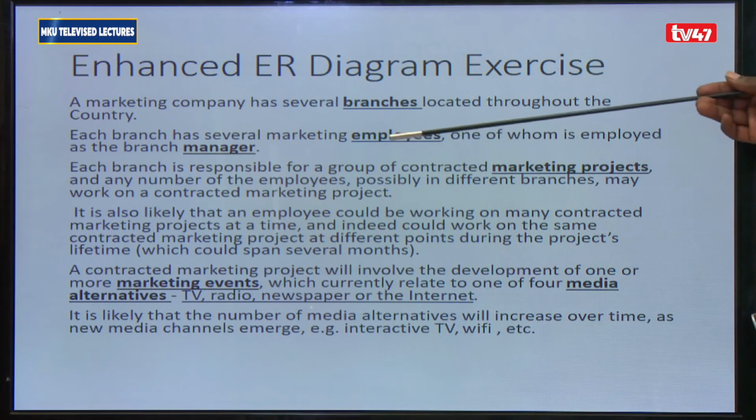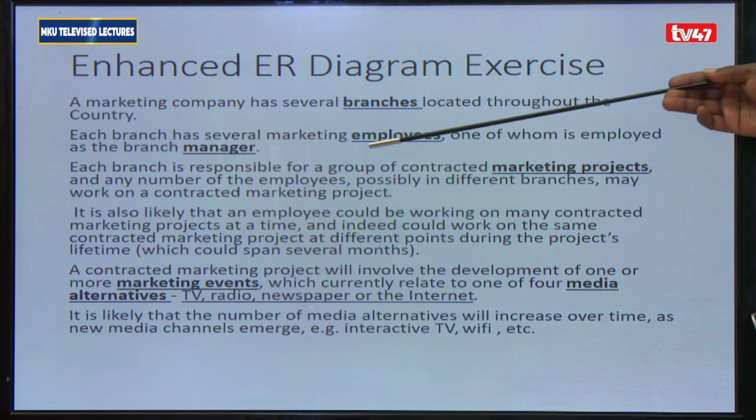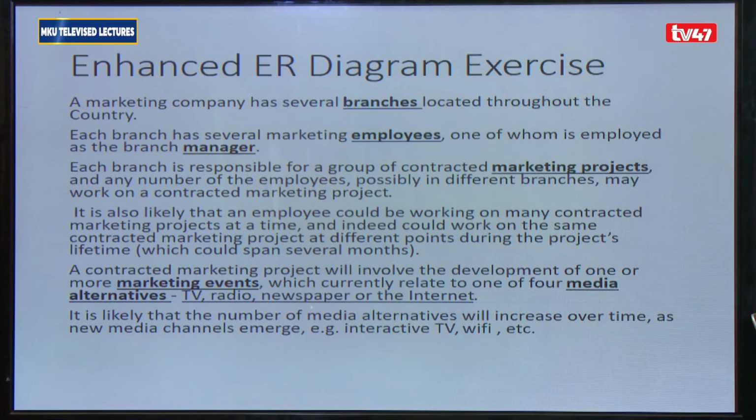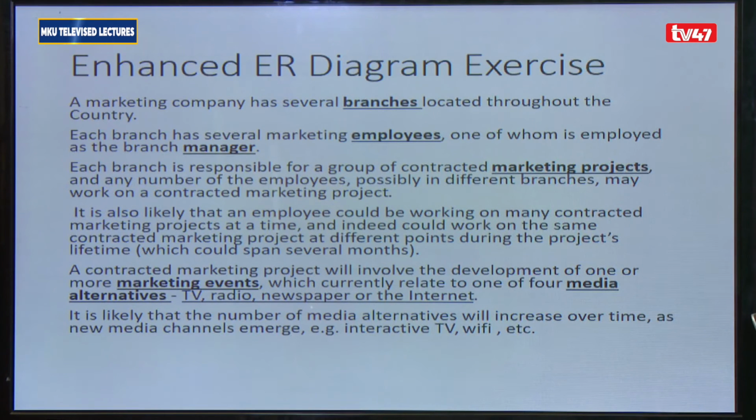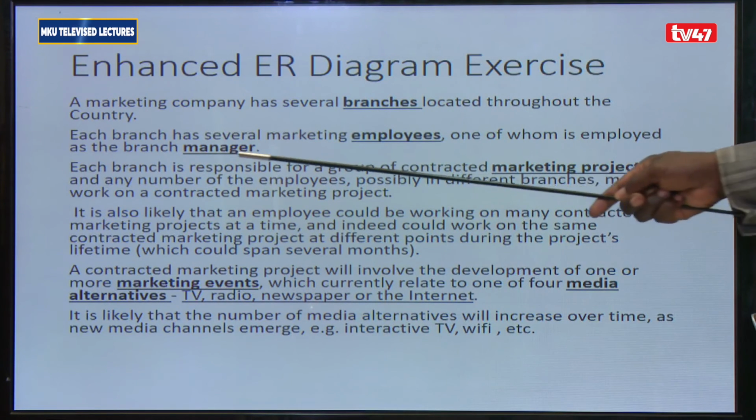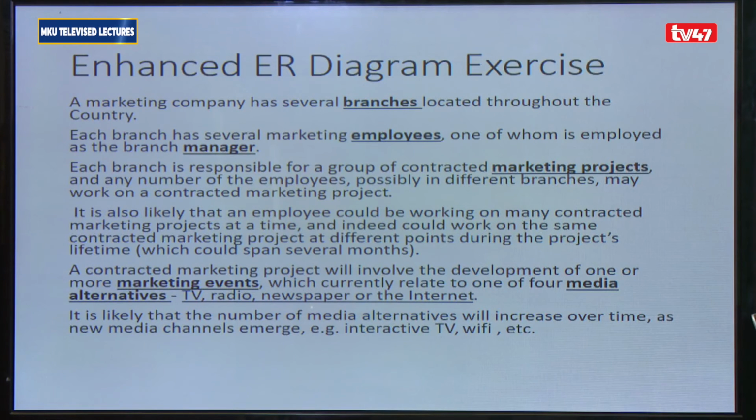And then marketing employee. The employee is an entity. And we can see one is employed as the branch manager. The manager is also a kind of employee. A manager is an employee. I've highlighted that because we need to think about this in terms of superclass, subclass, or generalization, specialization perspective.